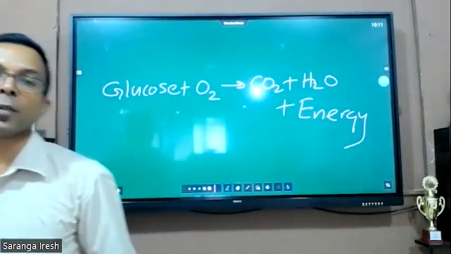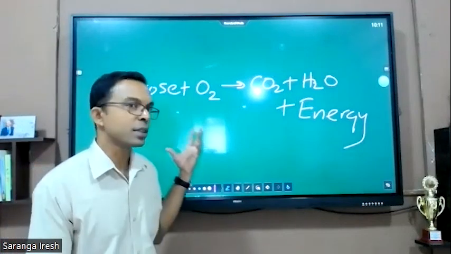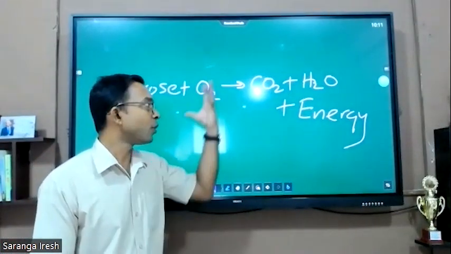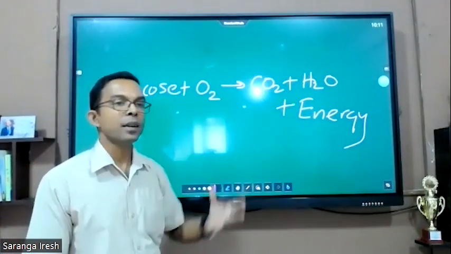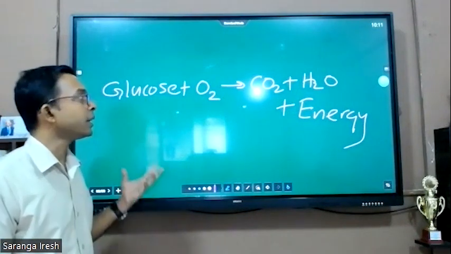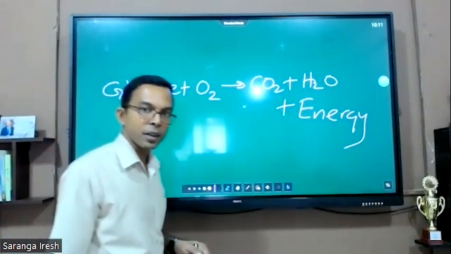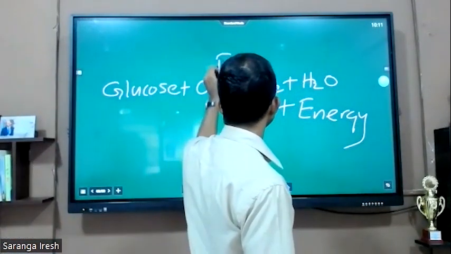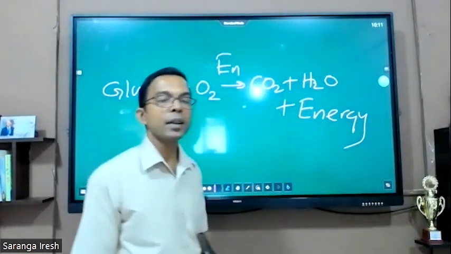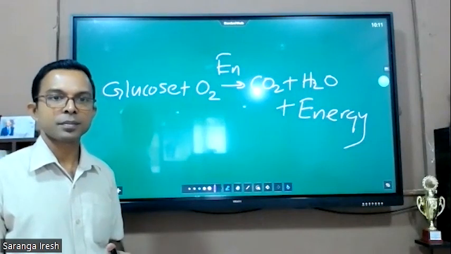This is called the aerobic respiration process. Glucose and oxygen react to form carbon dioxide and water and release energy. The activation energy of this reaction is provided by the involvement of enzymes. Enzymes are involved in these reactions and finally give the product.